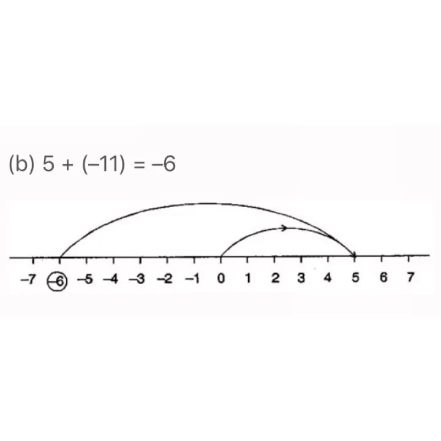Now we will represent it on number line. So children, from origin first we will move 5 steps right, and we will reach to positive 5. Then we will start from 5 and we will move left towards 5. So when we are moving 11 steps left towards 5, we will reach to minus 6.